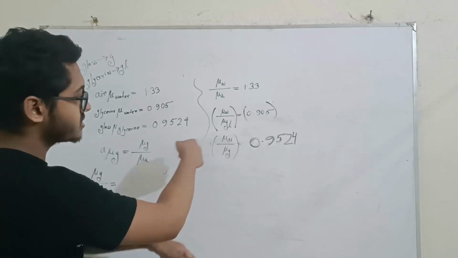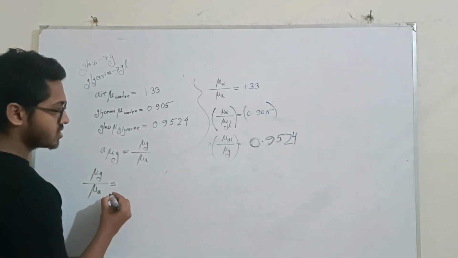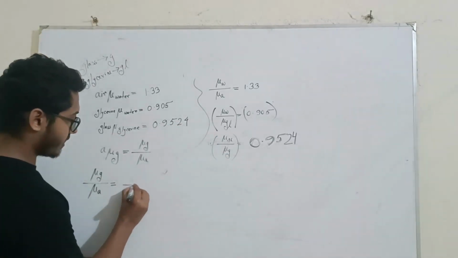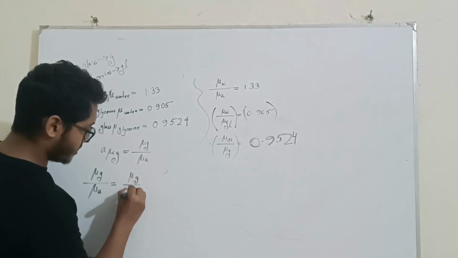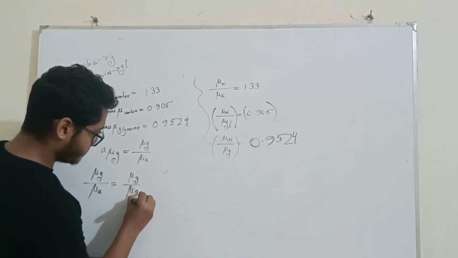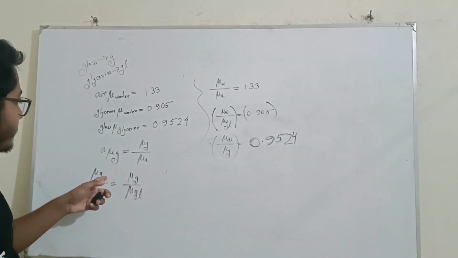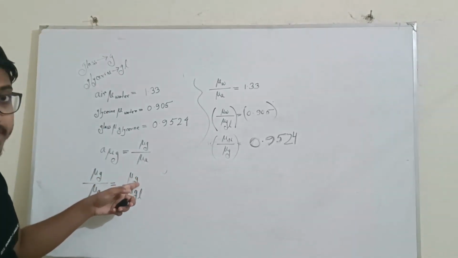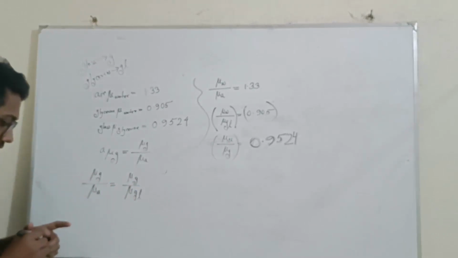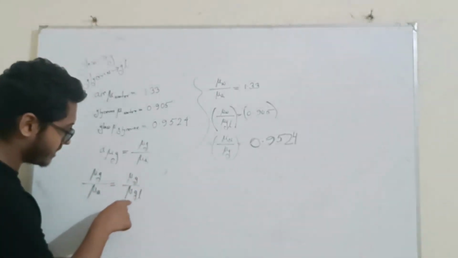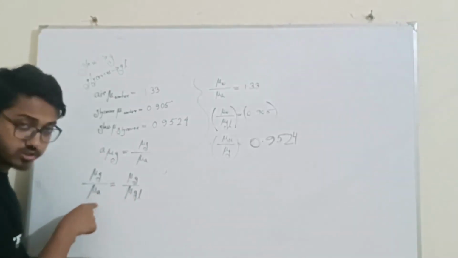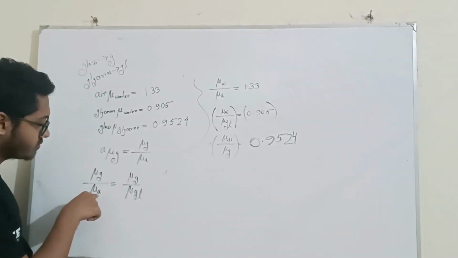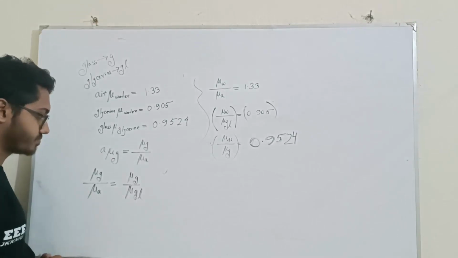So if we invert these equations, meaning if we write nu G by nu GL, then we are getting the refractive index of glass on the numerator side as given in here. Now we have to cut this refractive index of glycerin, because in the denominator side we have refractive index of air.